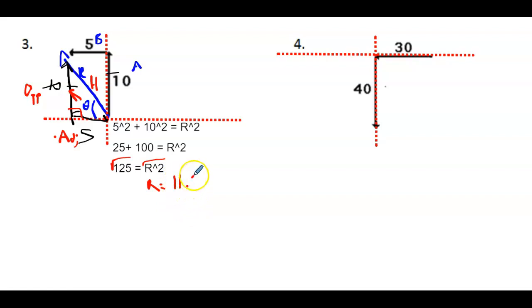That makes sense. 11 squared is 121, 12 squared is 144, so it's in between those two. And again, we're going to call everything newtons right now, so that's supposed to be an r. That looks more like an r now. So r is equal to 11.2 newtons. That would be like the net force out of those.